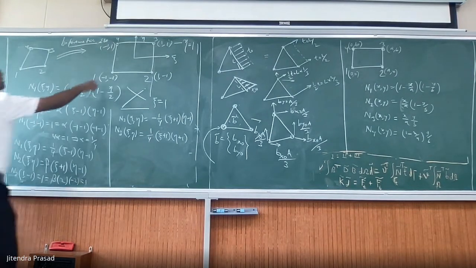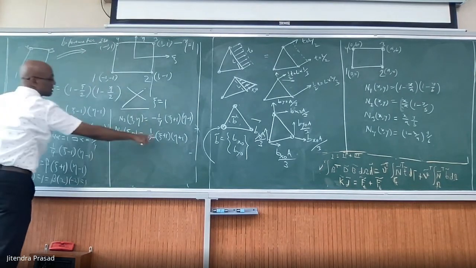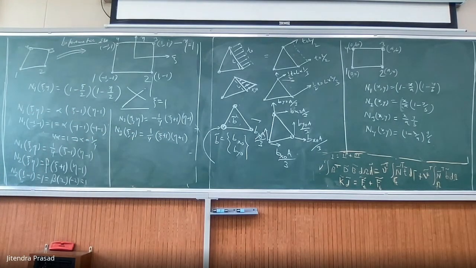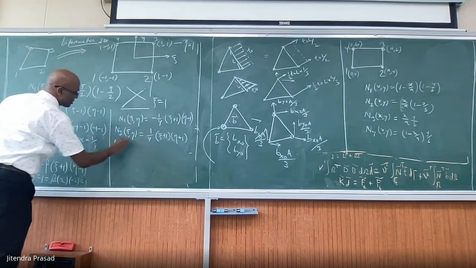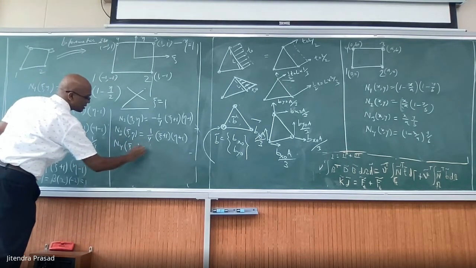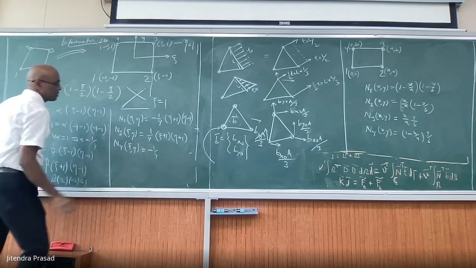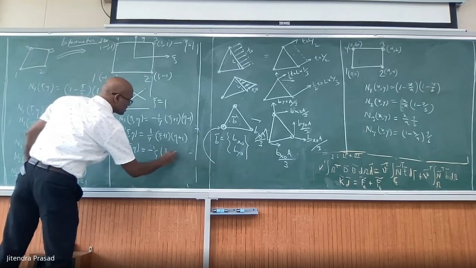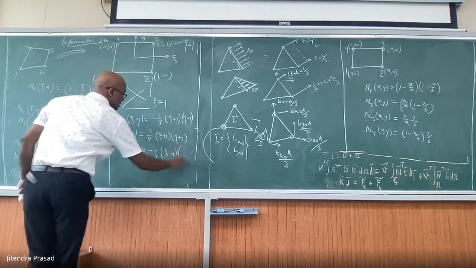Xi equal to minus 1 becomes 0. Xi and eta both 1, gives 4. So it should work. And N4(xi, eta) equal to minus 1 over 4 times (xi minus 1) and (eta plus 1).